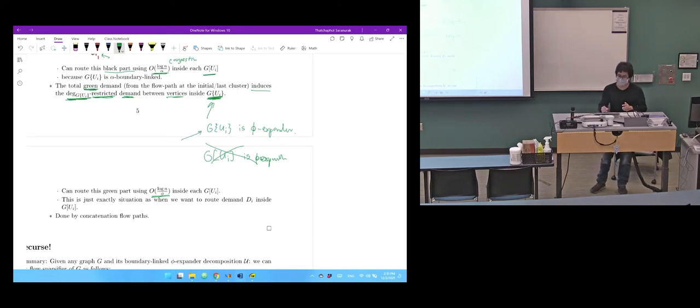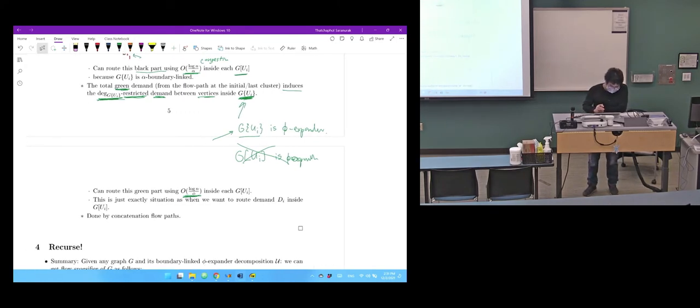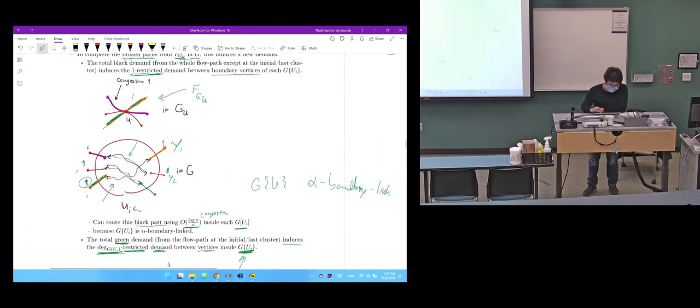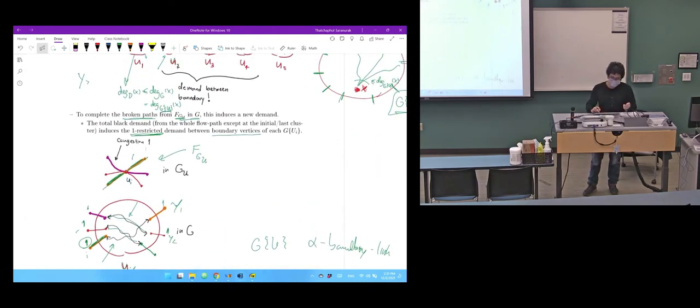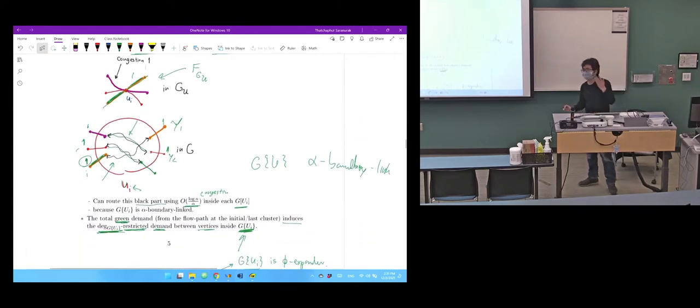This is where I want this, because it's the demand between boundary nodes of this guy too. But this demand is degree restricted, so you can send flow with congestion 1/5. So that's it. There are several parts, but for each part the congestion is just 1/alpha or 1/5. So the total congestion is 1/alpha plus 1/5.